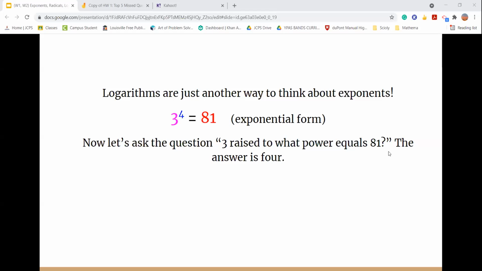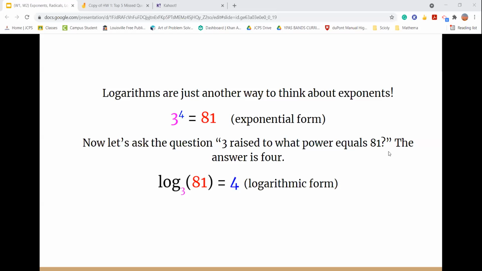In other words, we want to know how many times 3 needs to be multiplied by itself to equal 81. To ask that mathematically, we write log, and then we put a little 3 next to the g. Then in parentheses, we write a big 81.